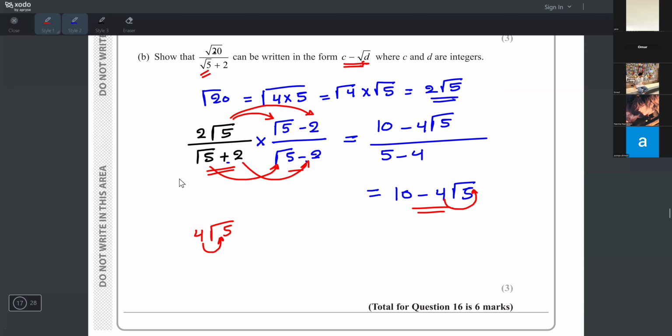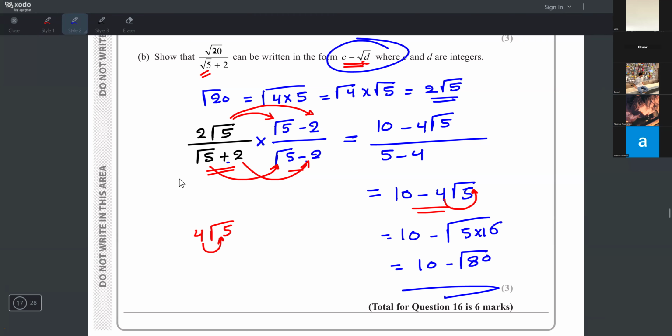So it will be 10 minus 5 times 16, so it will be 10 minus root 80. This is the final form, C minus root D: 10 minus root 80.